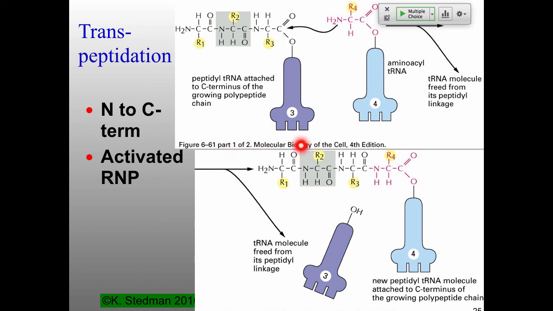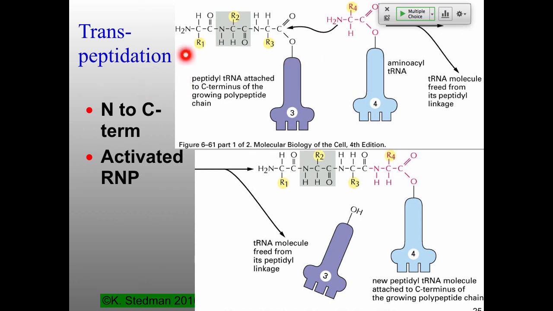But this whole peptide is still attached to this new aminoacyl tRNA. So your protein gets built on these individual tRNAs. And this is what the ribosome does, catalyzes this reaction where you end up extending through here.